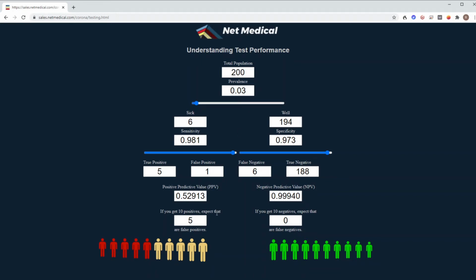Here, we're seeing out of 10 positives that we got, 5 of them are false positives. So that's how prevalence plays into testing random populations. And hopefully that gives you some instincts about what to expect with false positives and false negatives.